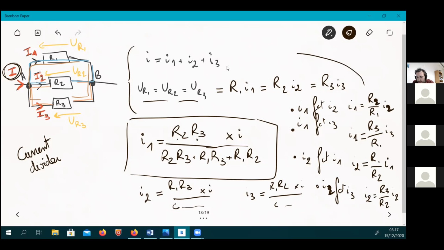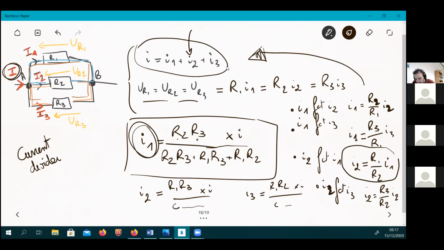Then you can substitute in the main first one. Let's say that each time you want your result, I don't know, about I1. So you want all this first equation as a function of I1. So in fact, you want I2 as a function of I1, so you're going to use this formula.